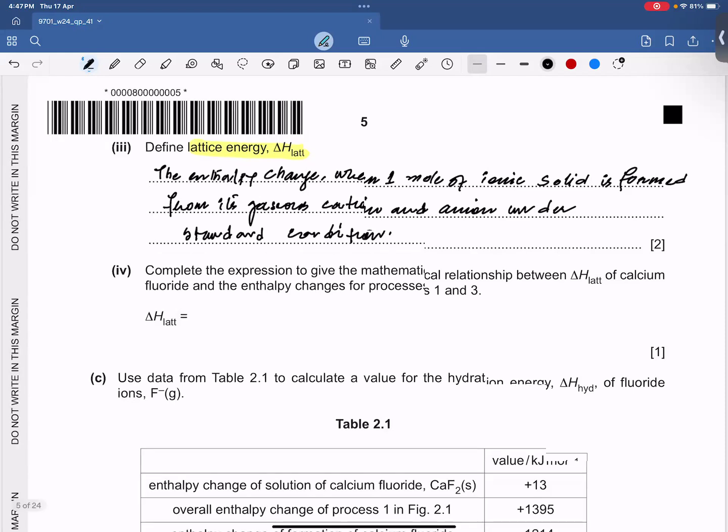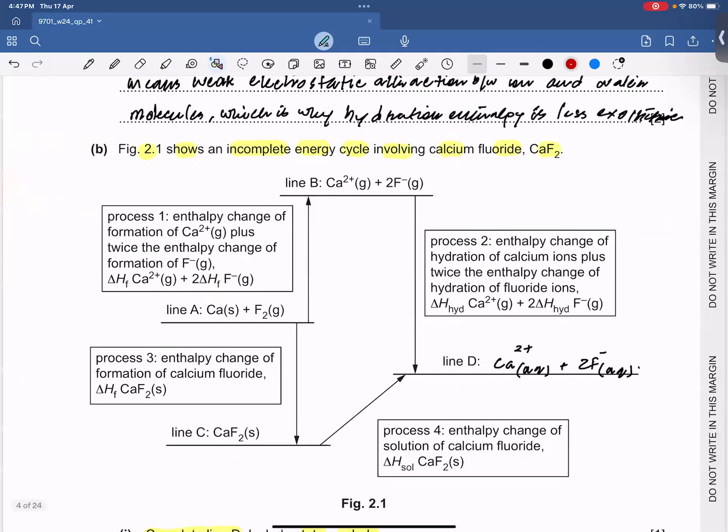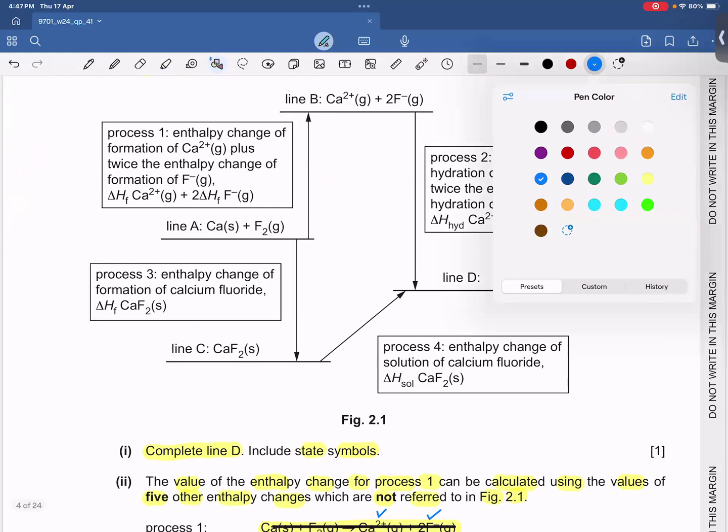Okay. Next is complete the expression to give the mathematical relationship between lattice energy of calcium fluoride and enthalpy changes for the processes 1 and 3. Lattice energy. Let's go back to the cycle now.